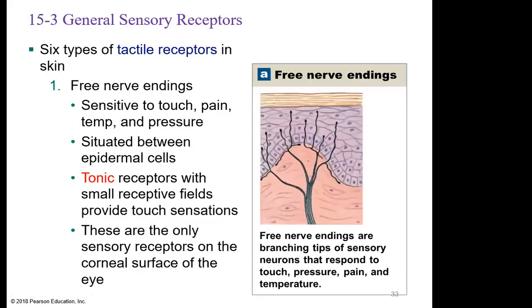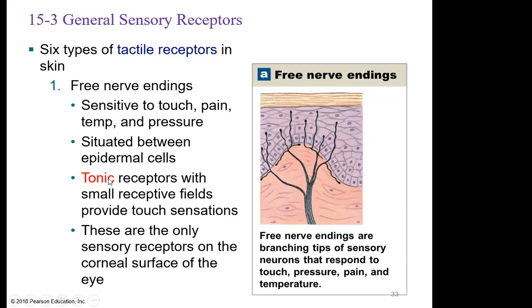So let's go through our integumentary system receptors. The 6 types, obviously free nerve endings, I've said that like 1,000 times already, so you should be able to easily identify what a free nerve ending is going to look like, and make sure that you know that they are sensitive to touch, pain, temperature, and pressure.